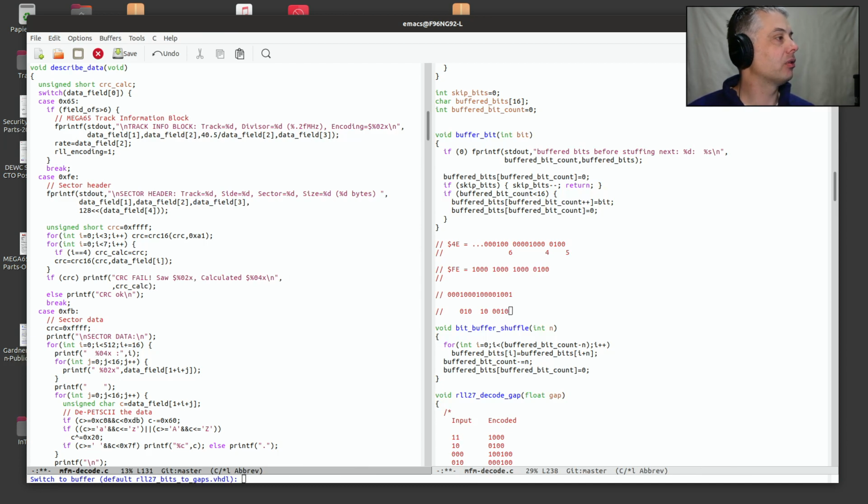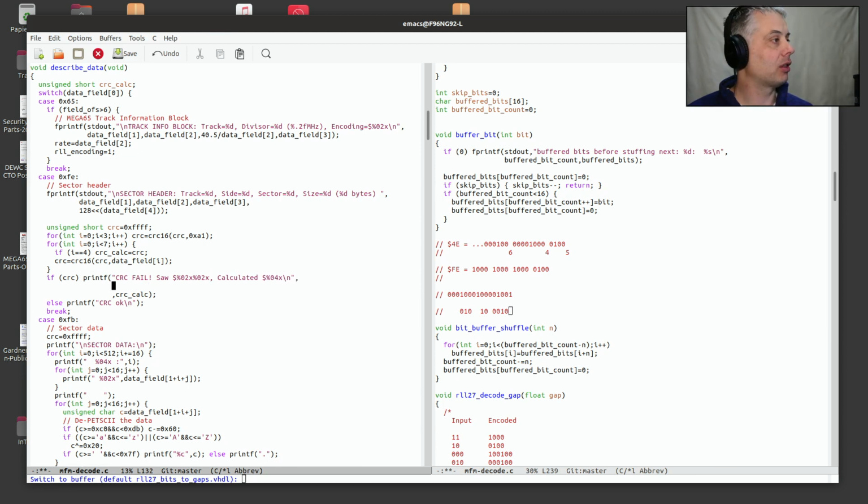And we've got two bytes there that we need to get. So it's data field 5, data field 6.